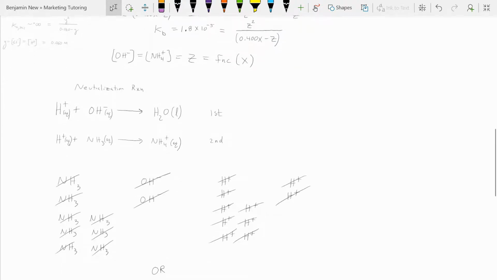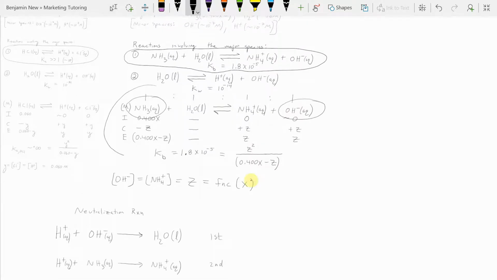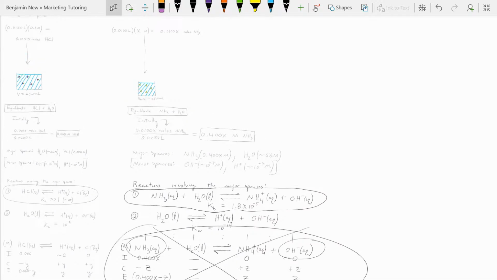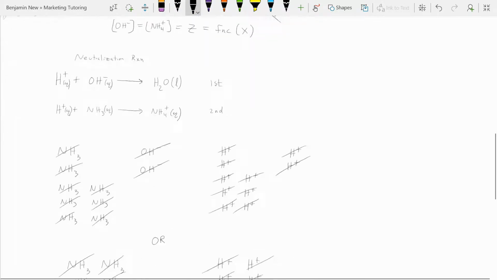And so that's our next step. In this case, we just eliminate this equilibration, and we say instead we have 0.400 molar of ammonia combined with the HCl, which breaks down into Cl minus and H plus.